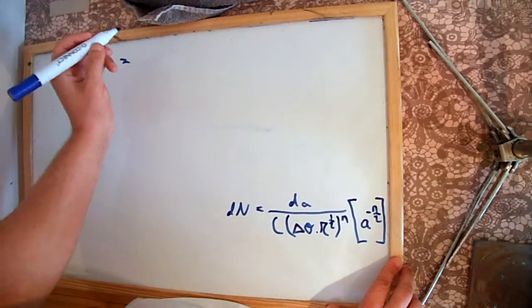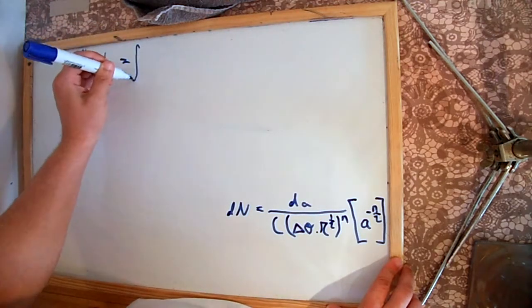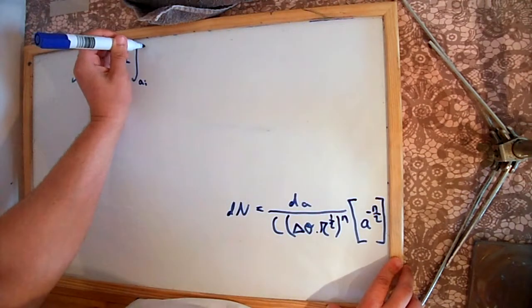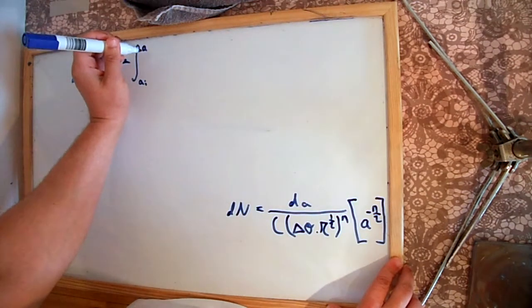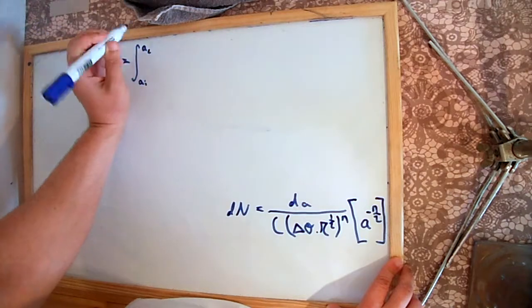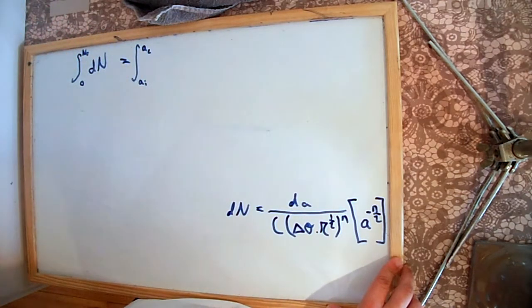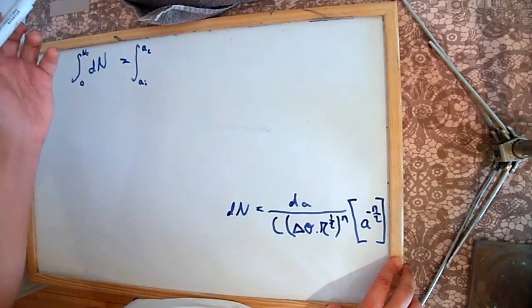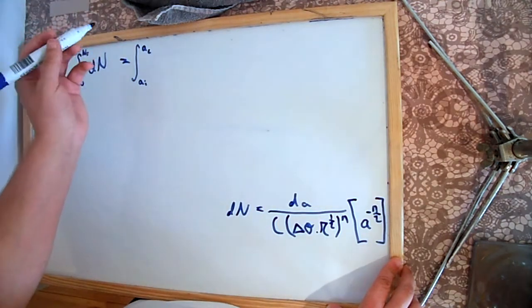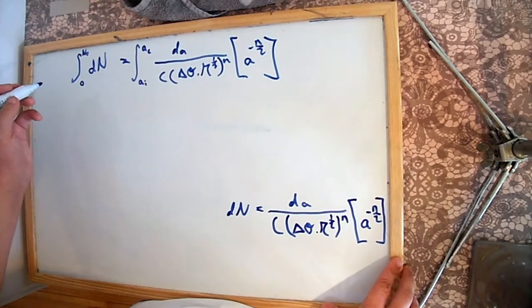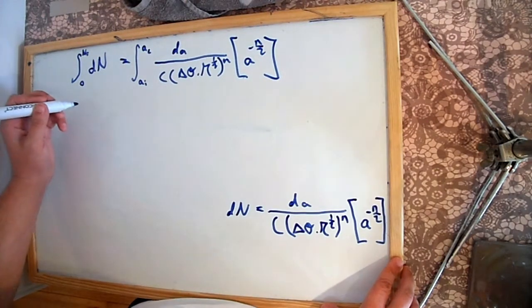And then for dA, which is crack size, we're going to have the initial crack size and the final crack size. The final crack size is the critical crack size, the crack length that's going to cause instantaneous breakage of the material. So now we start integrating.